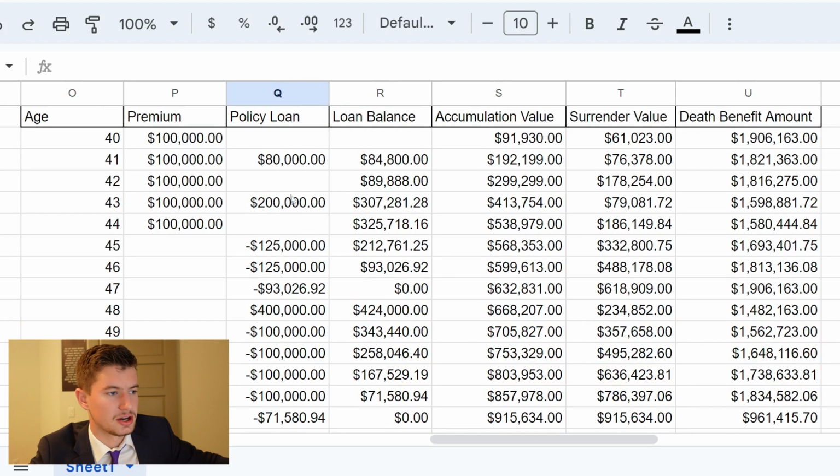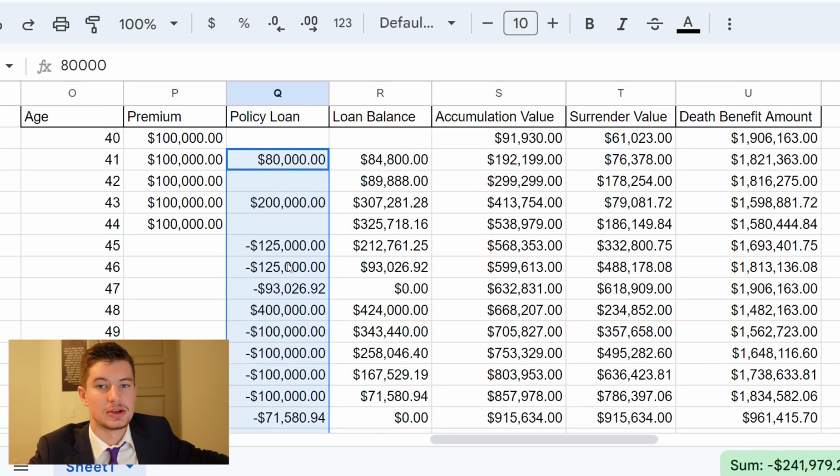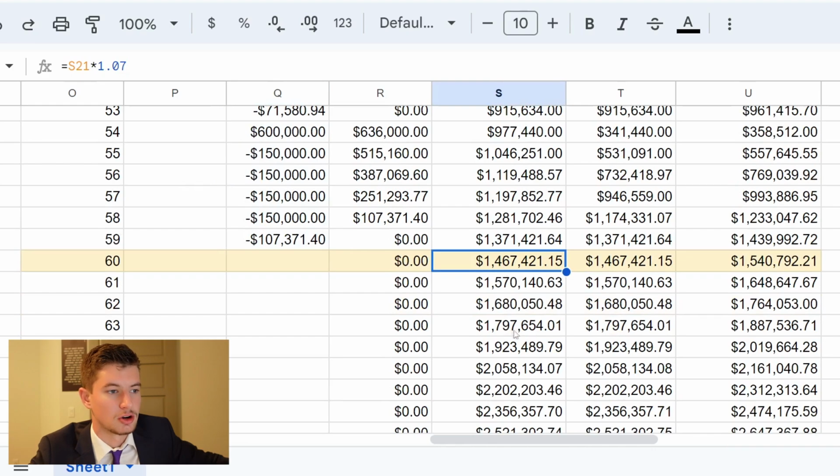So the main point here is you were very active in this policy over these, say, 20 years. You were taking out money, you were using it for your business, you were putting it back in, and we still had this original 500,000 grow to about the 1.46. And this is really where an entrepreneurial type or someone who is much more active in the policy is going to see those sorts of advantages. Yes, they always want access to their money, but they still want it to be working for them.